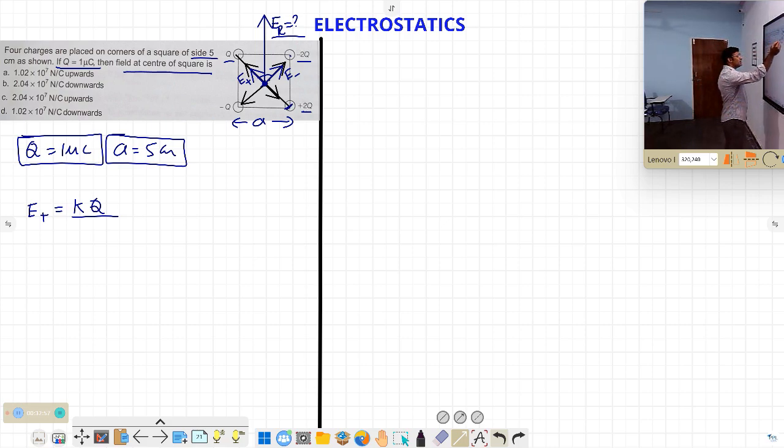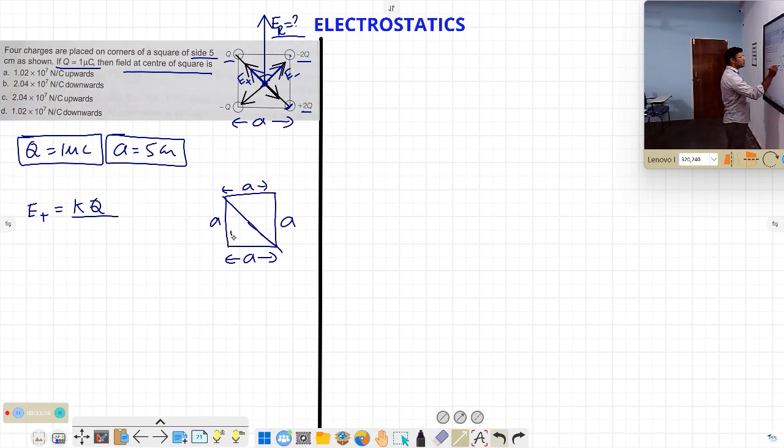So the side length of the square is A. So this side is also A, and all the sides are A. Now I need the distance of this one. For that, take the diagonal of this one.